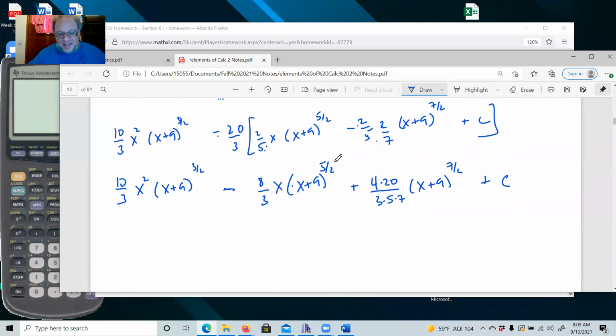So we have 10 thirds x squared times (x plus 9) to the 3 halves, minus 8 thirds times (x plus 9) to the 5 halves, plus, nothing cancels with the 4, the 5 and the 20 cancel, so that's going to be a 4, so that'll be 16 21sts.